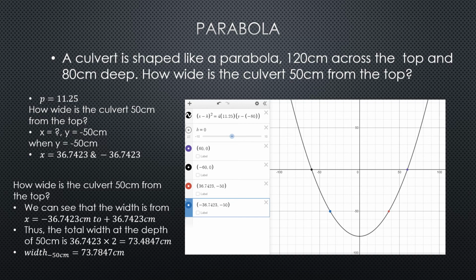And so we need to know what the distance is from one x to the next x. So we can basically add those two up, or take 36.7423 and multiply that by 2, giving us our final width at 73.4847 centimeters at the depth of 50 centimeters.